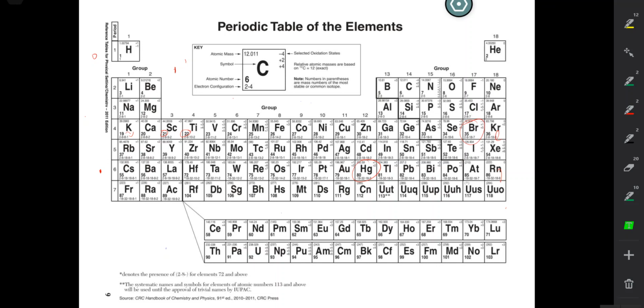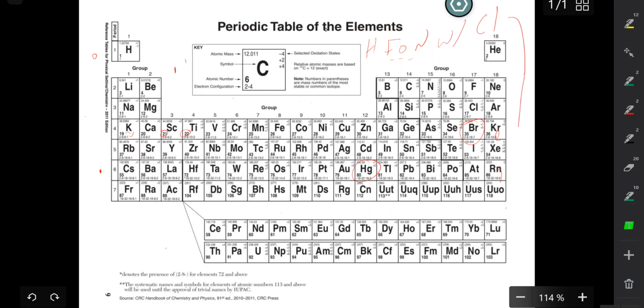Now, if you want to remember all the elements that are gases at standard temperature and standard pressure, remember that hydrogen likes to have FON, F-O-N, with chlorine and group 18. All of these elements are gases at standard temperature and standard pressure. The rest of the elements are solids, with the exception, obviously, of mercury and bromine.